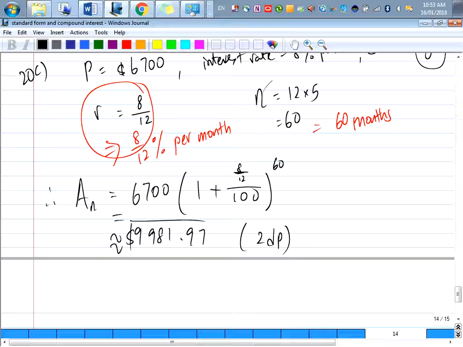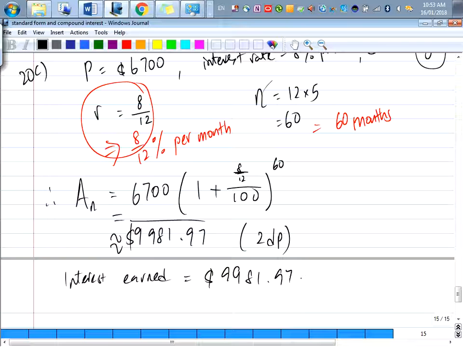Careless. So practice now enough, then you will not forget. So interest earned will equal 9981.97 minus away your principal, which is 6,700, and you will get 3281.97.